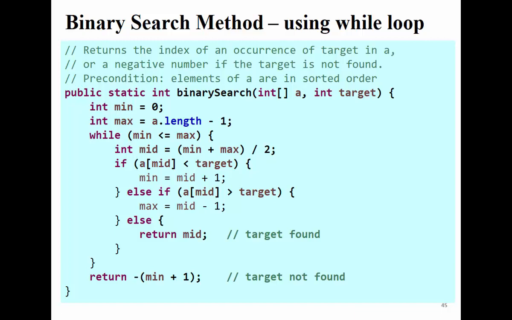Otherwise, we're going to return the middle point. That means we found the target. If we keep doing the loop and we don't succeed in finding the target, we're going to return the minimum plus 1, all minus 1.